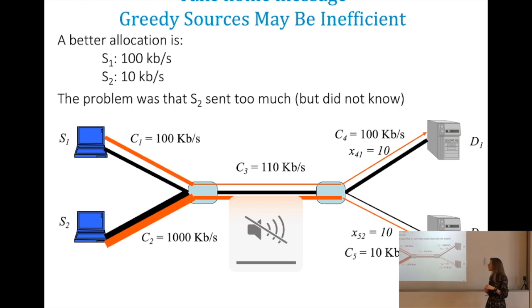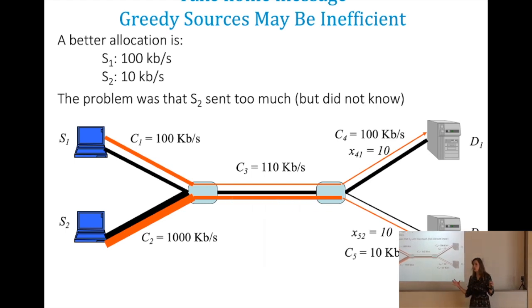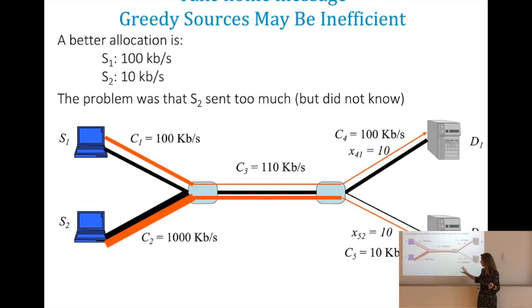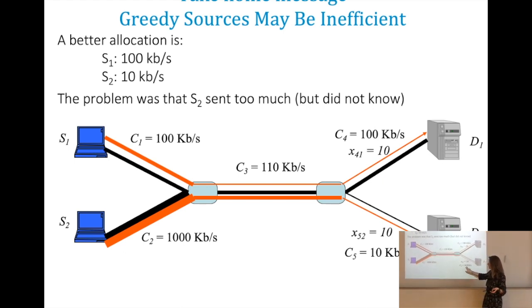If we had a larger view of the network, so at first, in our previous example, S1 and S2 were sending at the maximum capacity they could afford on their first link. But now, if they could have a larger overview of everything, and they would send at the maximum capacity of their weakest link, so for S2, even if he's alone in the whole network, he will never be able to achieve more than 10 kilobits per second, because this is the maximum capacity on this link.